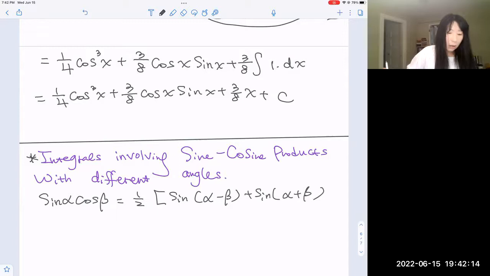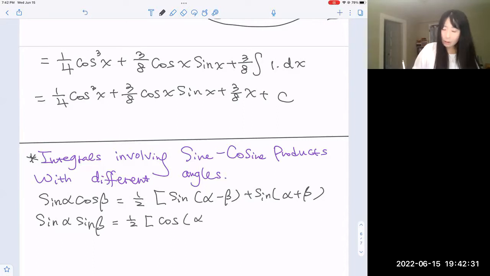Now we have sine alpha sine beta, which is 1/2 of cosine alpha minus beta minus cosine alpha plus beta.